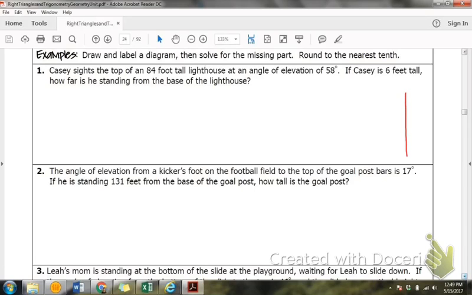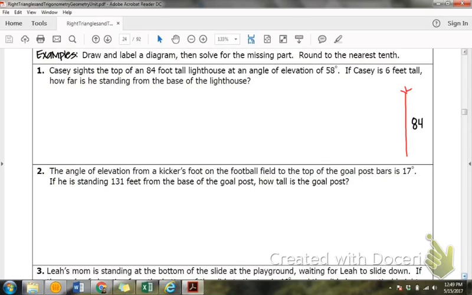And here's my lighthouse. Okay, seriously, I just need you to draw something that represents that, okay? It says the lighthouse is 84 feet tall. So I know that this over here is 84. And Casey sights the top of the lighthouse. So Casey, we assume, is standing on the ground looking up at the lighthouse.